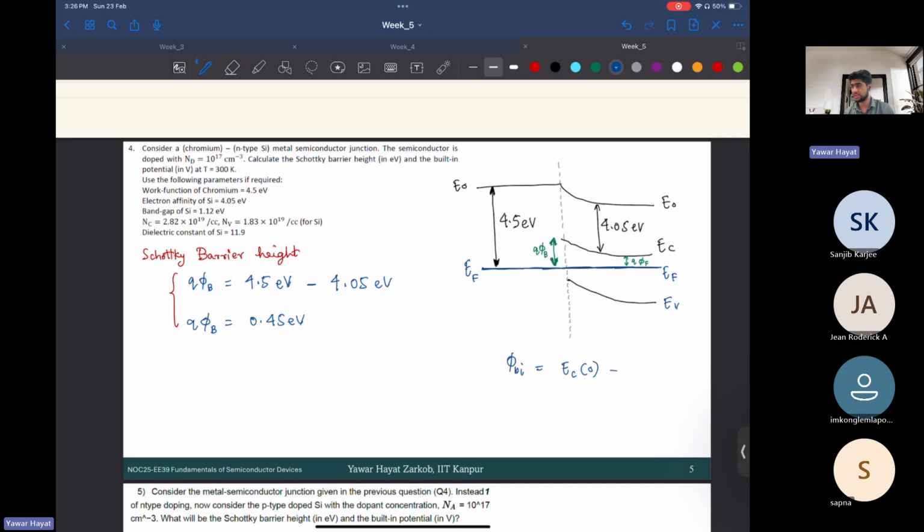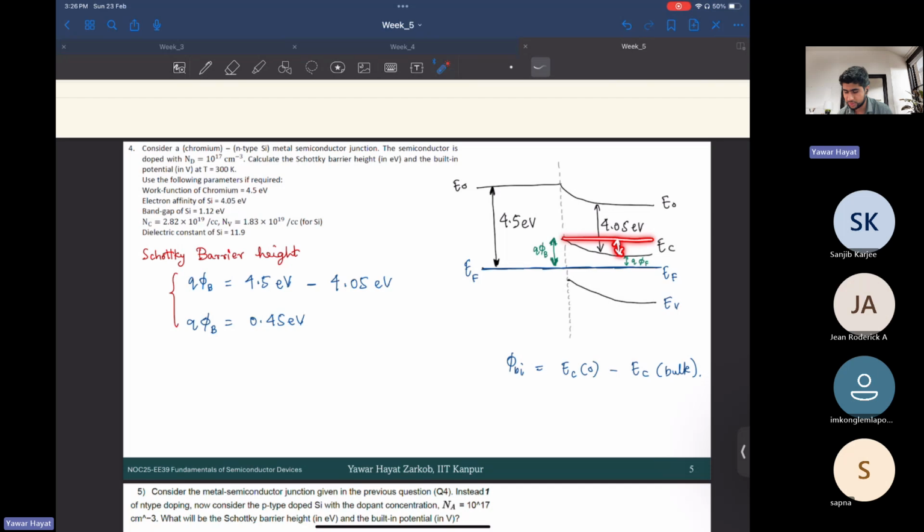EC at the junction minus EC in the bulk. That's how you compute it. And from this diagram, this much would be your ΦBI.